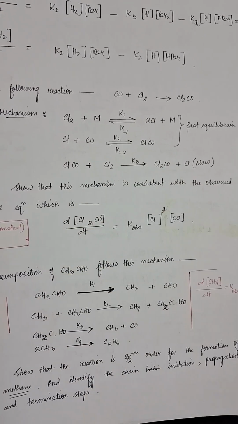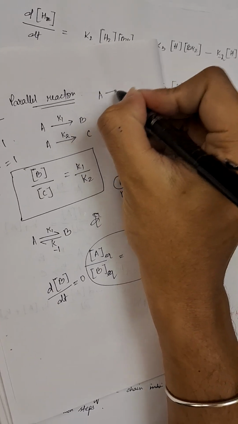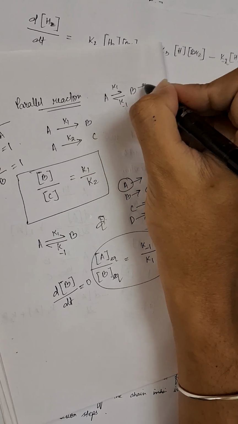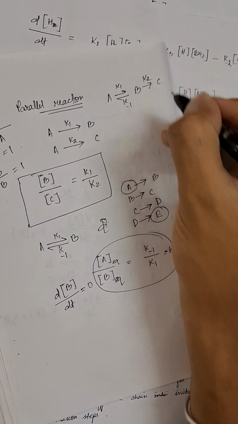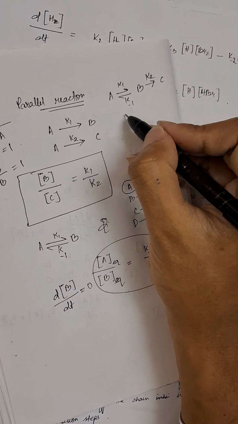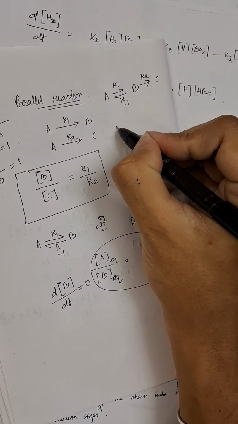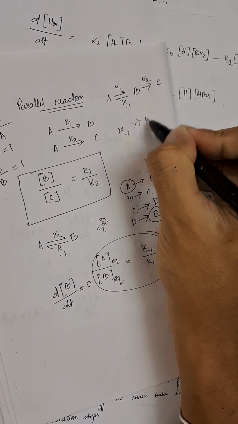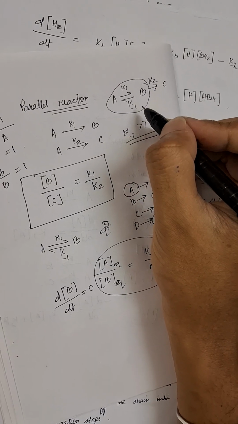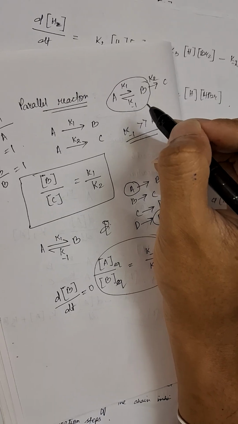Like I have discussed before, if we consider this reaction K1, K minus 1, B gives C where K2, and K minus 1, the rate at which it is reversed back to the reactant, is much greater than the rate at which product is formed, then there is a quasi-equilibrium, and we cannot use steady state approximation, and we have to use the equilibrium constant formula.